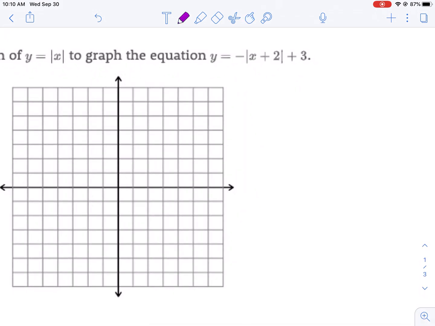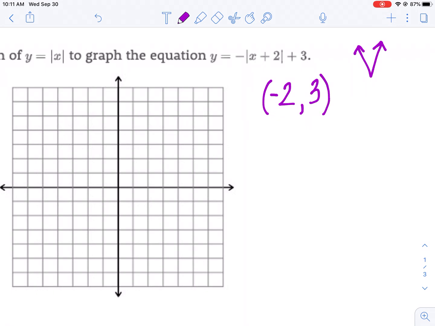Because there's an absolute value, I know it's going to be a V. We remember that from day 2 or day 3, when we talked about general shapes. That's super important to know what it should look like as a reference. The positive 2 in the absolute value tells me to go the opposite direction. The plus 3 at the end is telling me to go up 3.